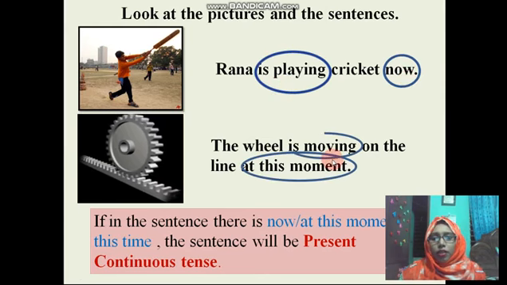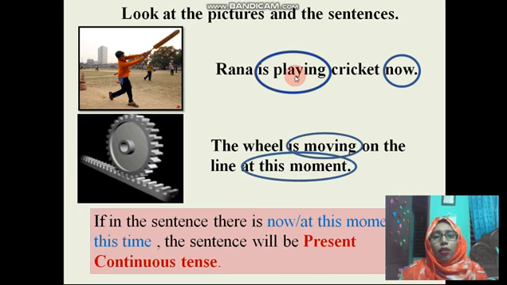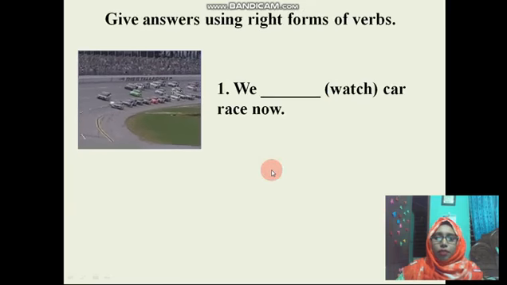At this moment, you see, there is now. That's why the sentence is present continuous tense, and in present continuous tense you have to use ing with the main verb. You see, moving. Move is the main present form of verb, and you have to use ing with main verbs in present continuous tense. Here at this moment. That's why the sentence is present continuous tense.